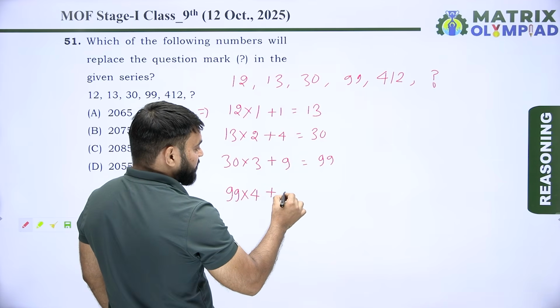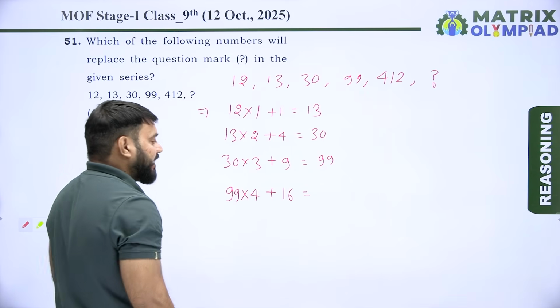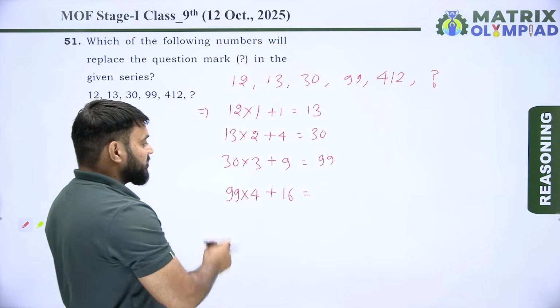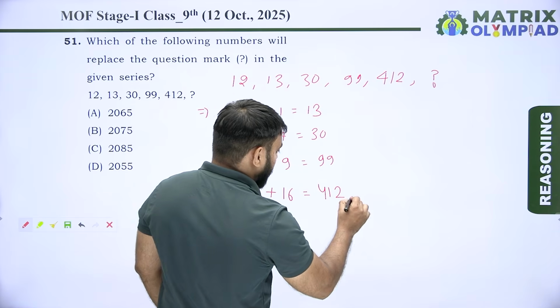Now 4 square means 16. So 99 into 4 is 396, plus 16 is 412.